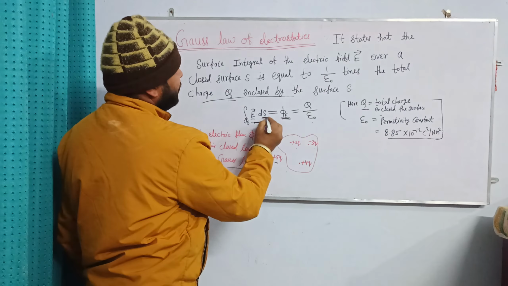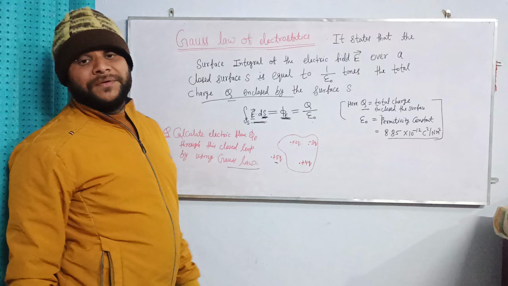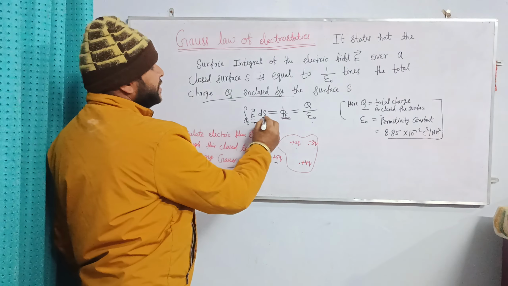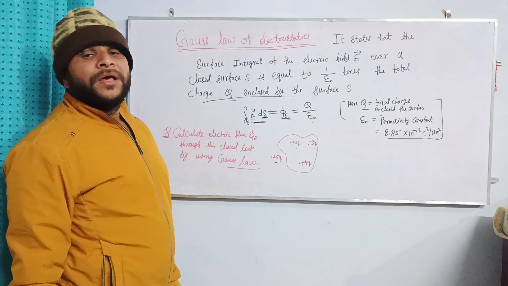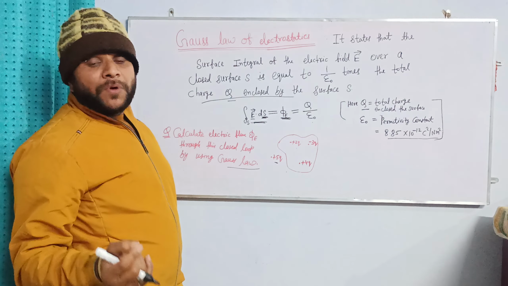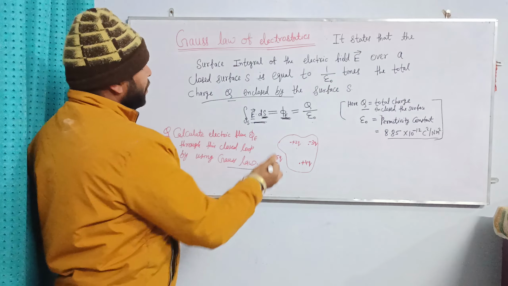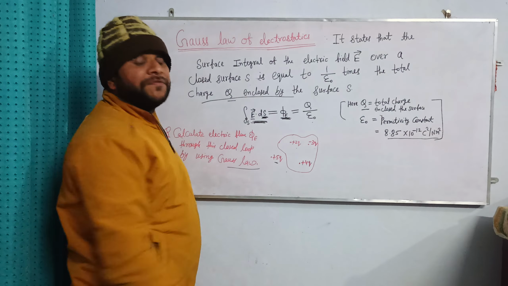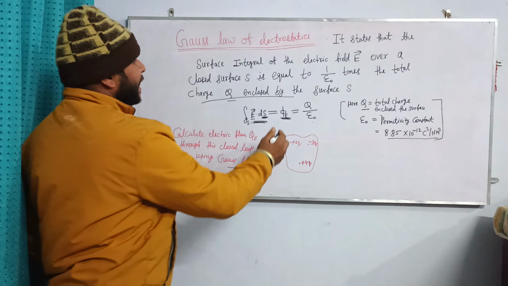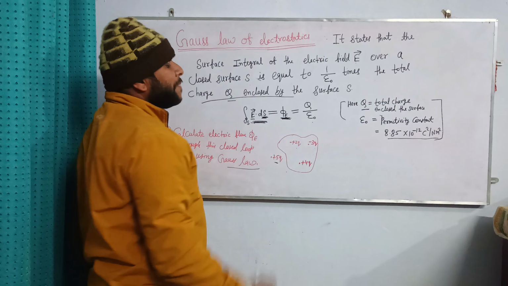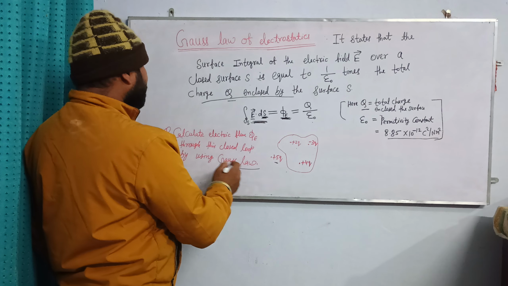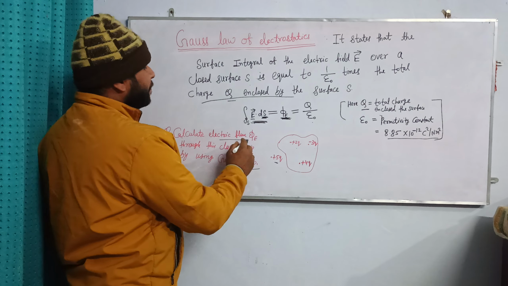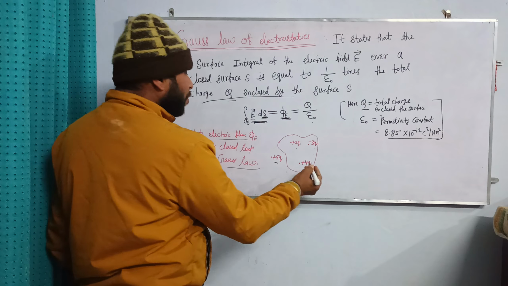Here dS is the small part of the surface area. So this is the formula of flux phi E and it is equal to Q upon epsilon naught. So we will find the value of the electric flux by applying Gauss law.